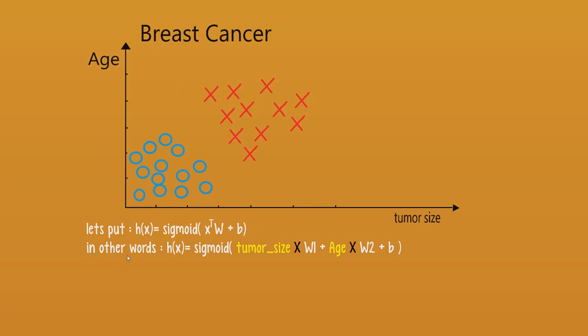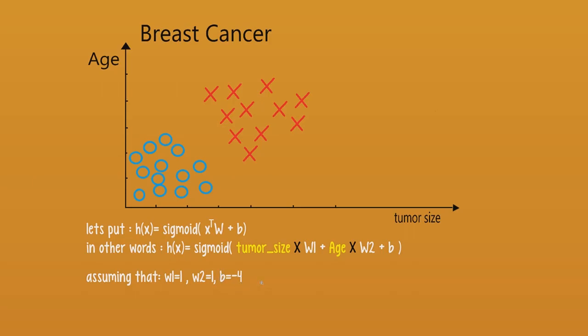So anyway, in other words, h of x equals the sigmoid of tumor size, which is x1, multiplied by w1, and the age multiplied by w2, plus the bias. Let's just assume that w1 equals 1, w2 equals 1, and the bias equals -4.